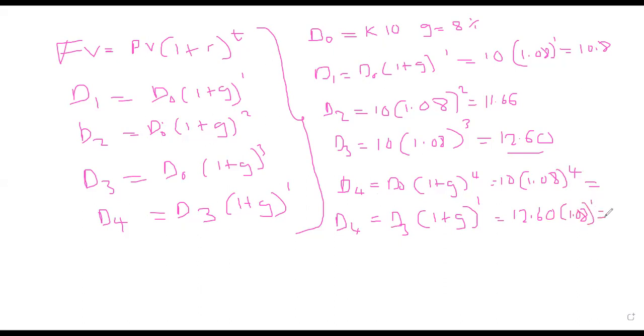Let's see if we're going to get the same answers. 1.08 to the power 4 times 10, we're going to get 13.60. And 1.08 times 12.60 also gives 13.60. So this is ideally the same, and we're going to appreciate it in the models available when we're calculating the value of stock.